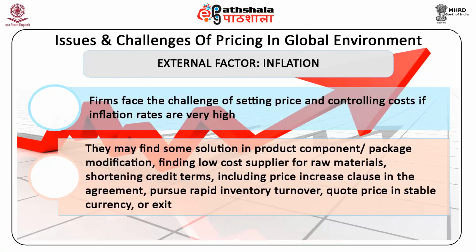They may find some solution in product component or package modification, finding low-cost supplier for raw materials, shortening credit terms, including price increase clause in the agreement, pursue rapid inventory turnover, quote price in stable currency, or exit.